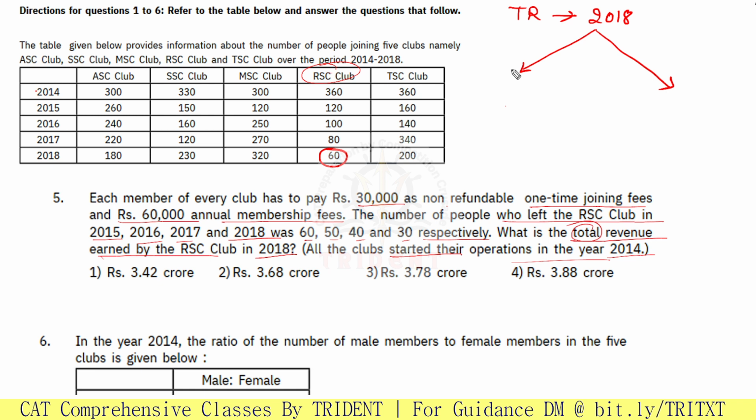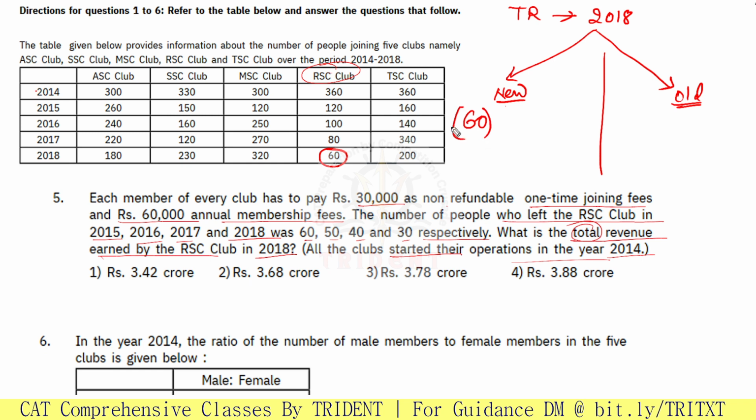So let us bifurcate 2018 into two groups: the new members that have joined and the old ones. The old ones will also have some number of people who had left, but we'll calculate that in a while. So far, the number of new members is 60.